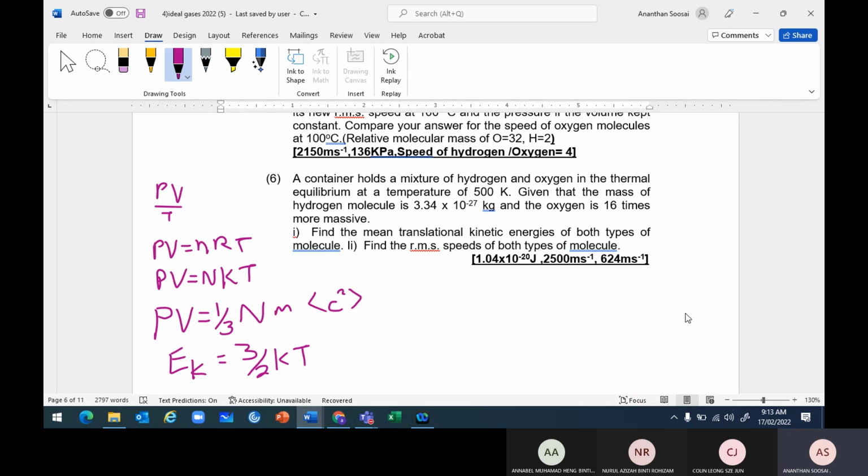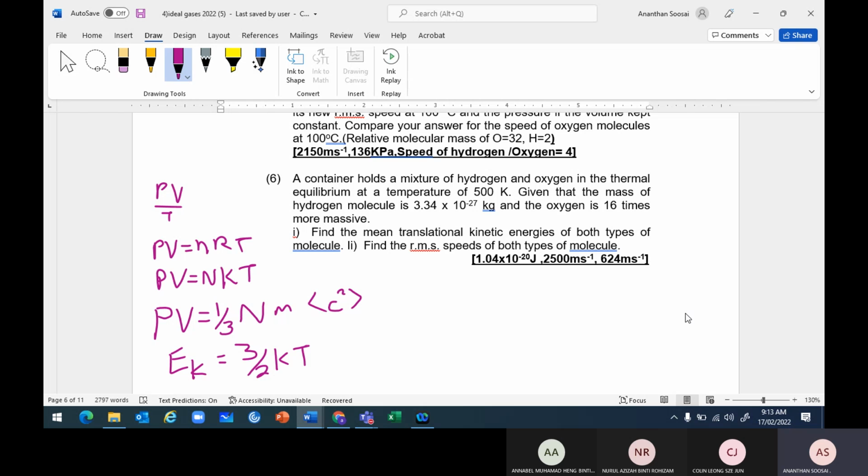Yes. So 3/2 kT is the formula to find the mean kinetic energy of a particle. As I said, scientists first find the kinetic energy of the particle using the temperature, and only then did they work backwards to find what speed it is traveling.